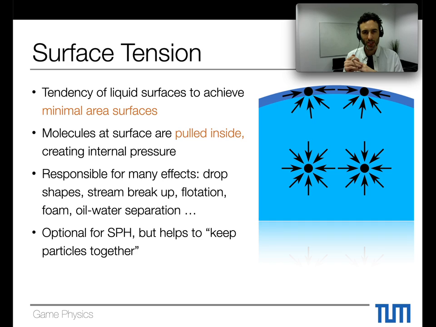Can you imagine what that looks like? It is actually a sphere. The sphere is a perfect shape in terms of minimal area, and the surface tension works towards making everything sphere-like, unless we have some other internal forces that perturb the spherical shape.